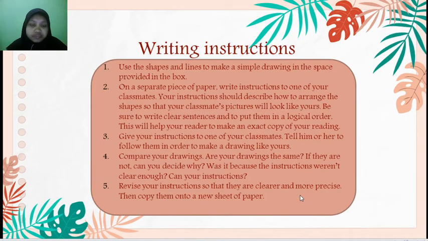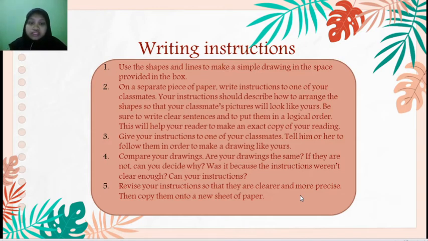Writing instructions. First, use the shapes and lines to make a simple drawing in the space provided in the box. And second, on a separate piece of paper, write instructions to one of your classmates. Your instructions should describe how to arrange the shapes so that your classmate's picture will look like yours.